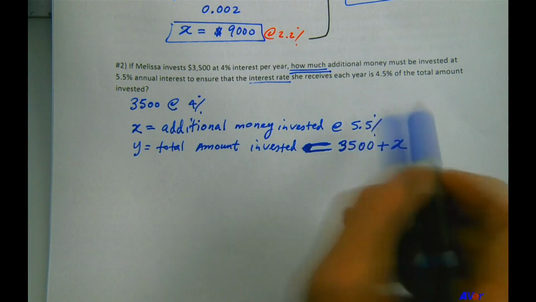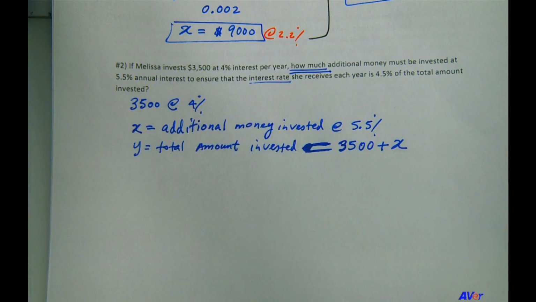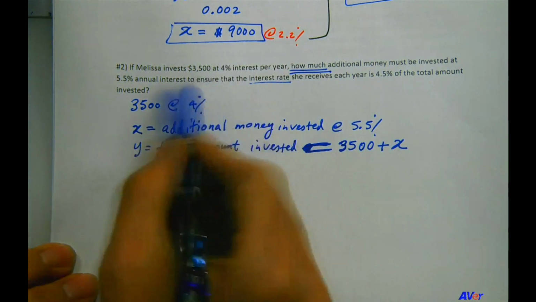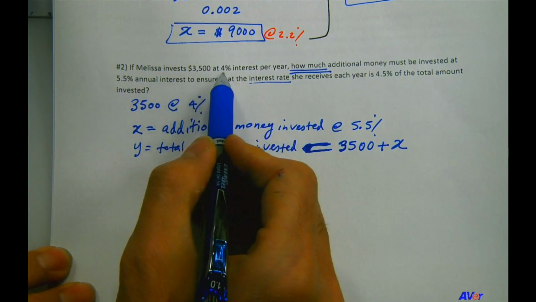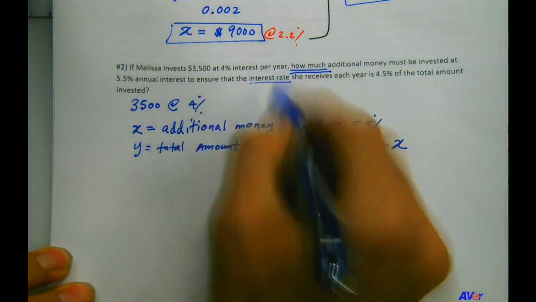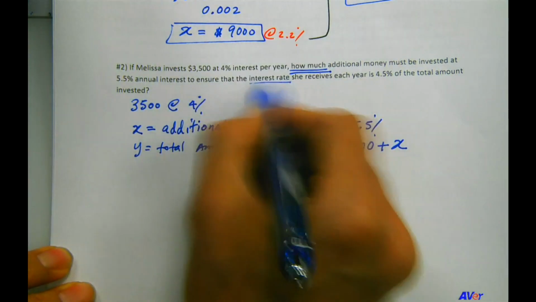Okay, so now we have enough information here to set up and solve the equation for the additional money that was invested. So let's set up the equation according to what we've been told. We were told that 3,500 was invested at 4%, because all of this has to do with the interest rate.